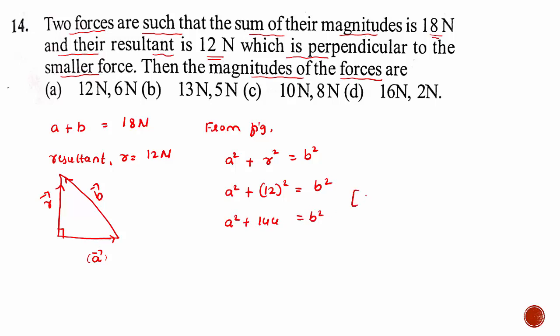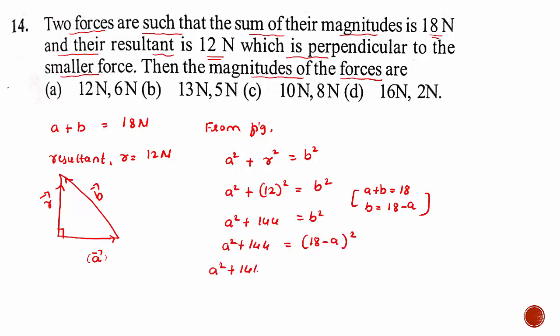Now here I can use A plus B is 18. B equals how much? 18 minus A. So in place of B, I can write 18 minus A. A square plus 144 equals 18 minus A whole square.